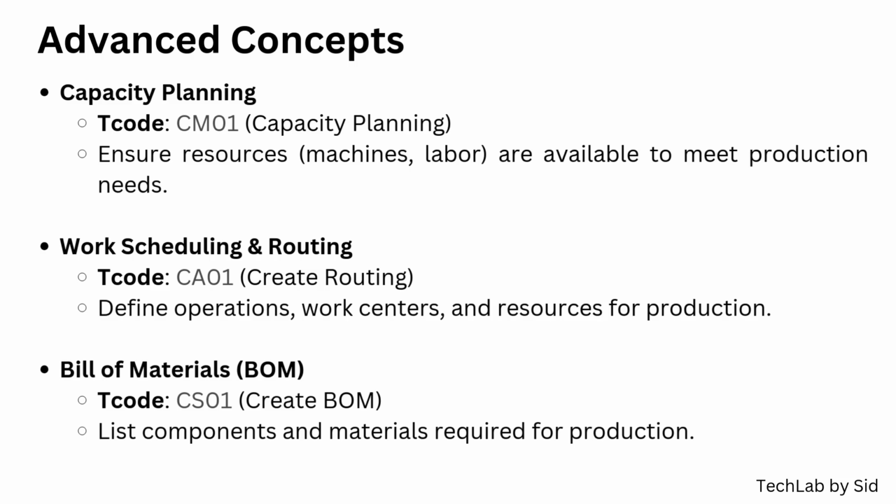Work scheduling and routing, managed through Tcode C2A01, defines the sequence of operations and the resources needed for production. Finally, bill of materials, created using Tcode CS01, defines the components required to manufacture a finished product. These advanced concepts allow for efficient planning and resource allocation.